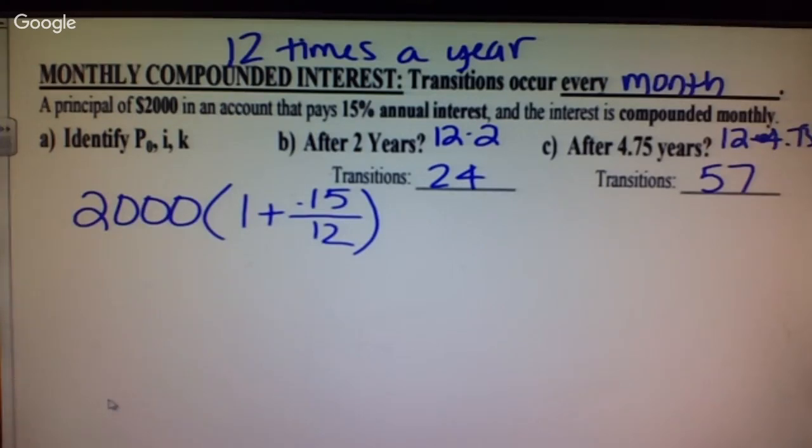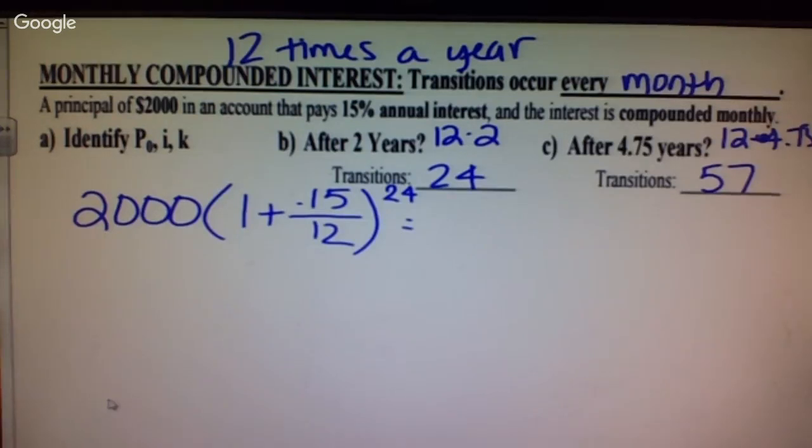Technically, you could have used this equation for the first part, but you would have divided by 1 because it happens once a year. Well, what does dividing by 1 do? A whole lot of nothing, which is why we don't use that. So we would raise this to the 24 and get what?